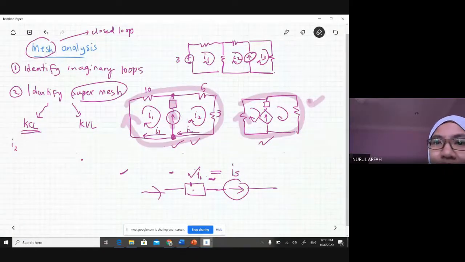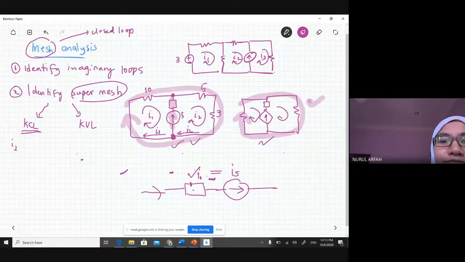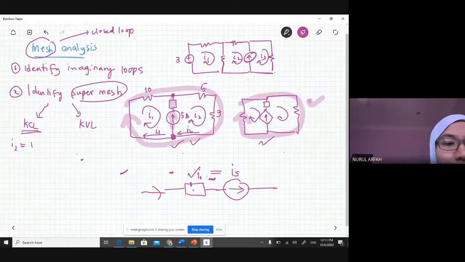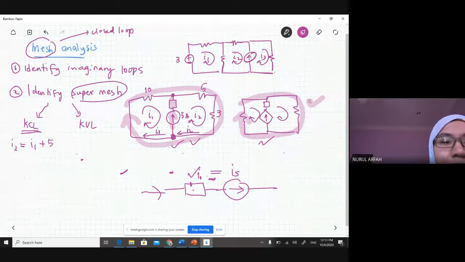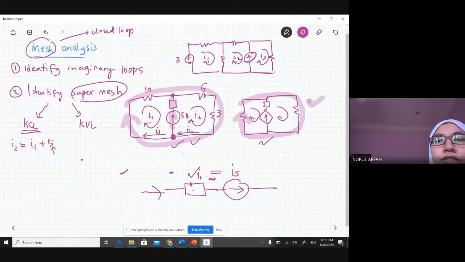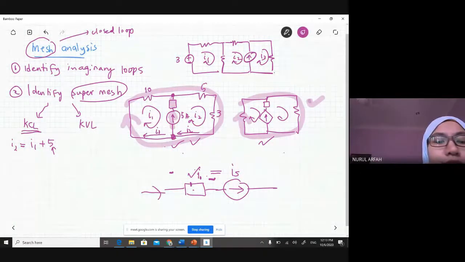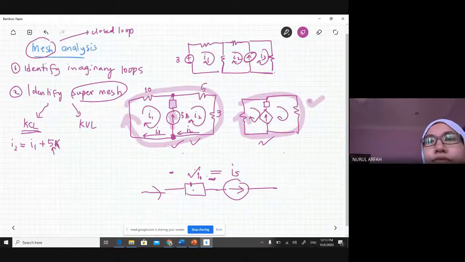Okay. So I2 equals I1 plus 5 amps. But please do not write down the unit in the equation. Please do not write down the unit in the equation.